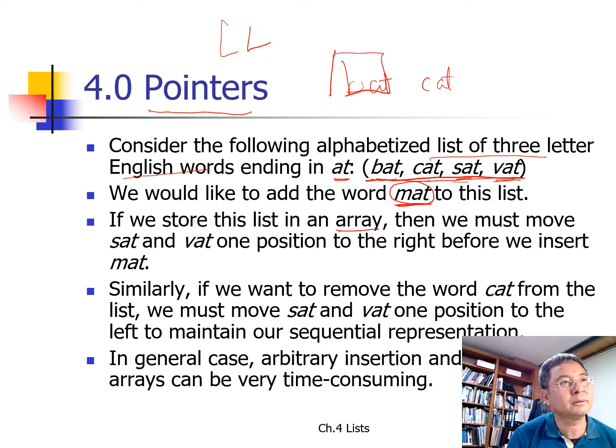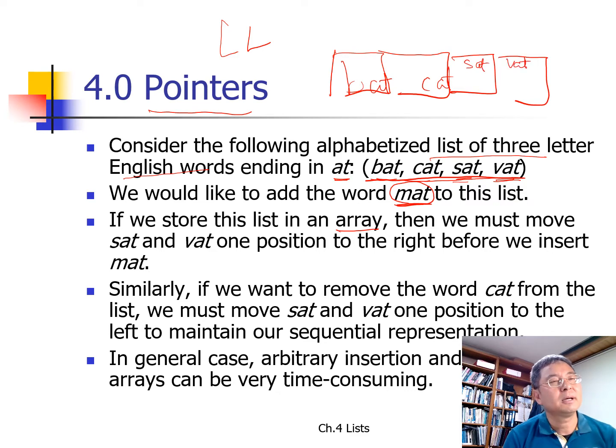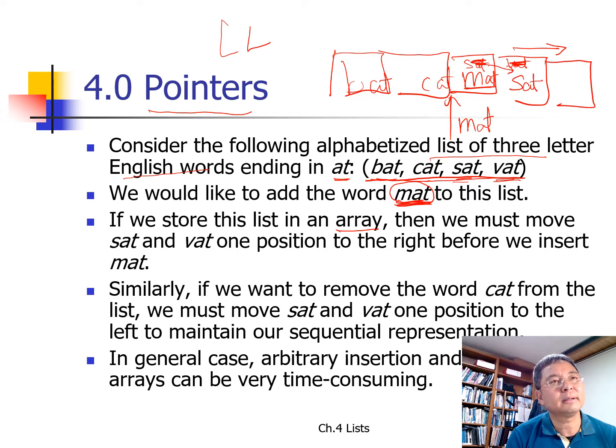So originally there was a set and a bet, but if I want to add math into this list, then I must store math at this position. That means set and bet must be moved to the right. So I can add math at this position, and the set is moved to the right, and bet is moved to the right.